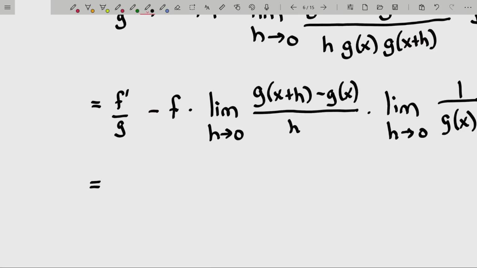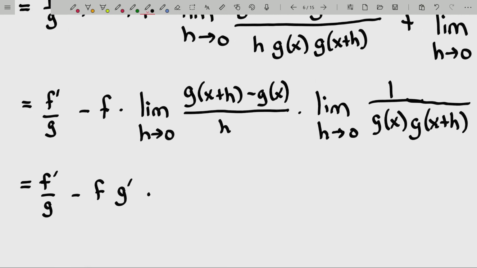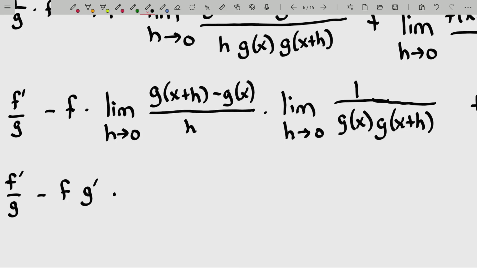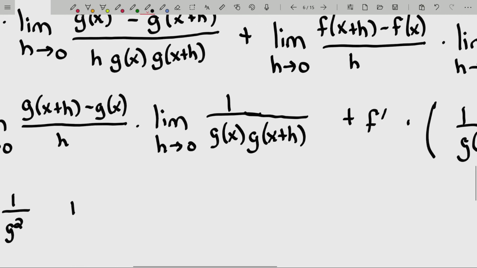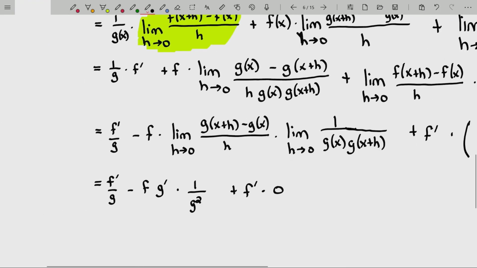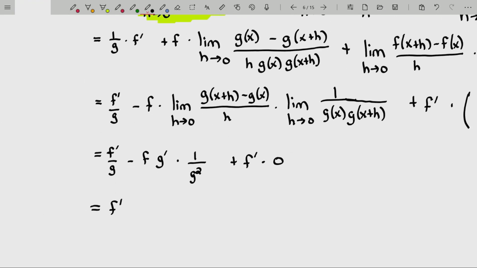And now we're almost done. This is going to be f prime over g minus f, and this product right here is g prime, times, as h goes to 0, this will be 1 over g squared. It's g times g. And then plus f prime, again, times 0. So in the end, you get down to f prime over g minus f g prime over g squared.